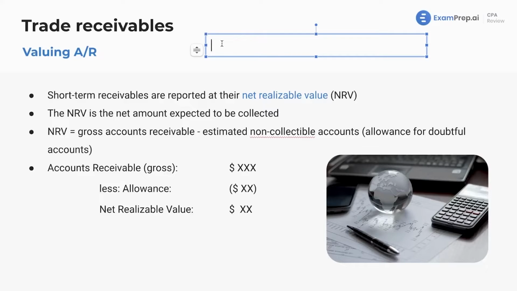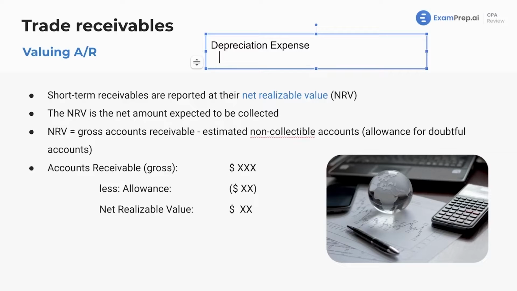This is pretty generally speaking, but it holds true. So every year, to increase depreciation expense, we debit depreciation expense. We credit accumulated depreciation. That's the process. And then expenses, that's just for the period in time, for the year. We are going to add that to the cumulative balance of accumulated depreciation.